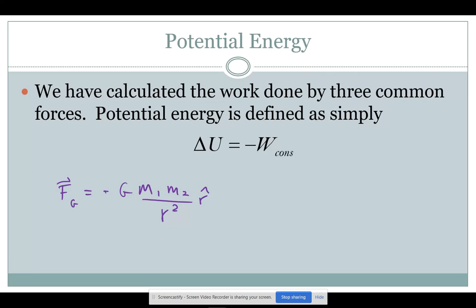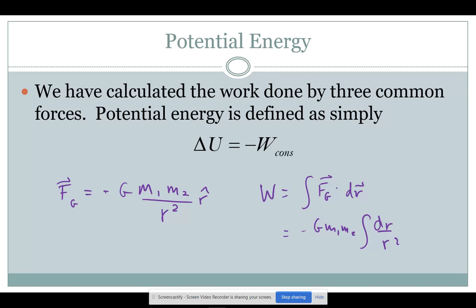So I put it that way with the r hat. And then if I want to find the work, the r hat and dr are the same direction, so it disappeared again.